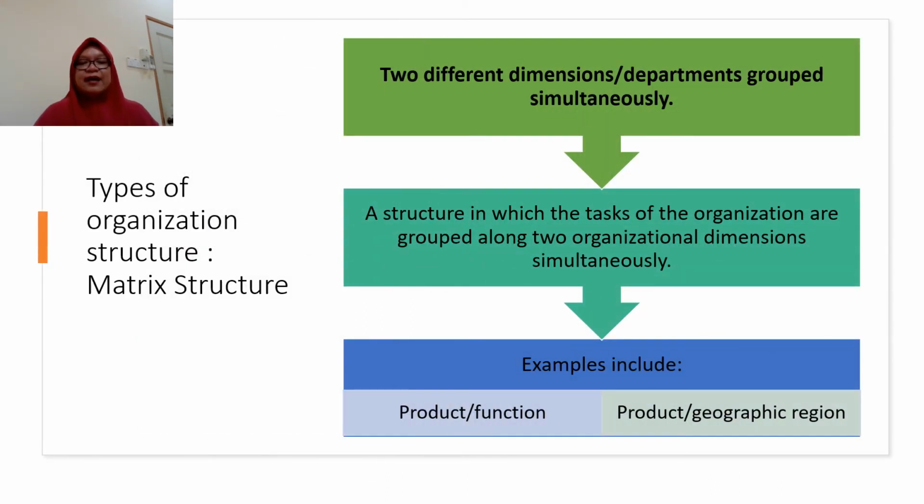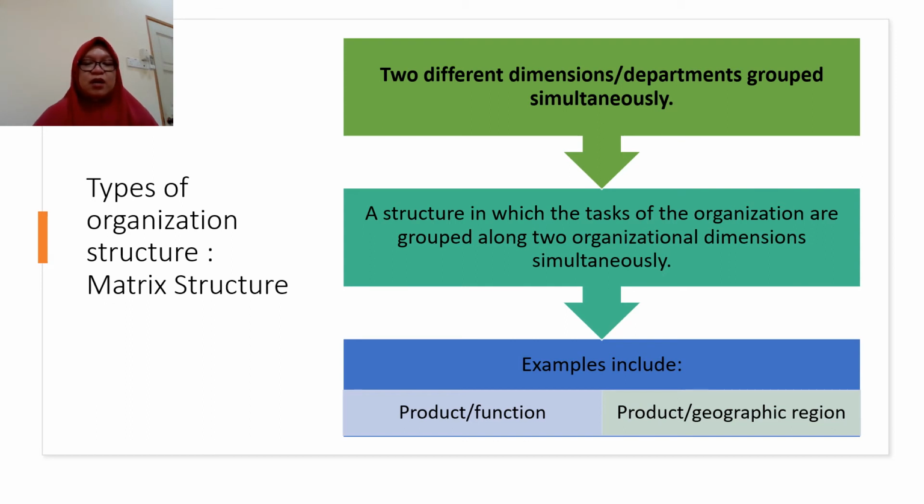The fifth structure is matrix structure. Two different dimensions or two different departments are grouped simultaneously. Simultaneously means that they group at the same time. It is a structure in which the tasks of the organization are grouped along two organizational dimensions simultaneously.